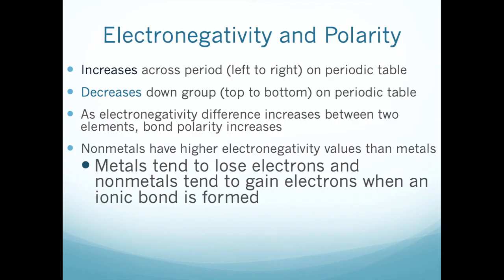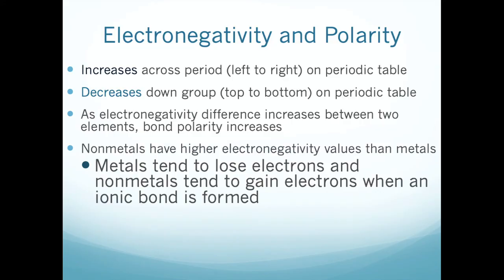So metals with their very low electronegativity are like someone who isn't really pulling on the rope. When a metal and a nonmetal are playing tug of war, the nonmetal really wants those electrons. That's why nonmetals to the top right of your periodic table have really high electronegativities. They really want to pull electrons towards them.